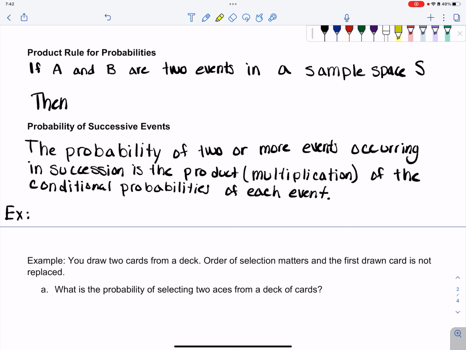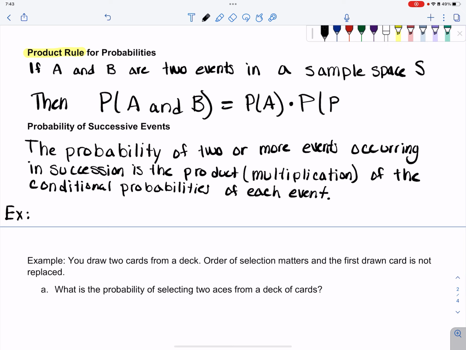The last property that we have for probabilities that we're going to work through here is what's called the product rule. If we have two events, A and B, in the same sample space, then to find the probability of A and B happening, the intersection of these two events, one way we can do this is to take our probability of A and multiply it by the conditional probability of B given that A has already happened.